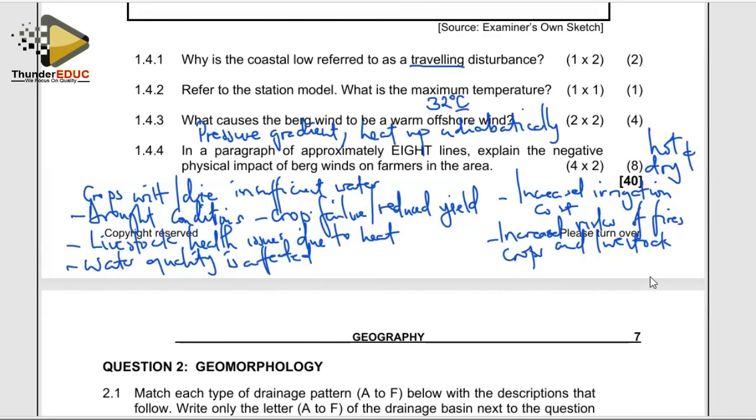So there's increased risk of wildfires because of the back winds, and they ultimately destroy the livestock and also destroy the crops and also destroy grazing lands, which is a negative implication on the farmer. So those are some of the problems that we can face as a farmer because of the presence of back winds in the coastal places.